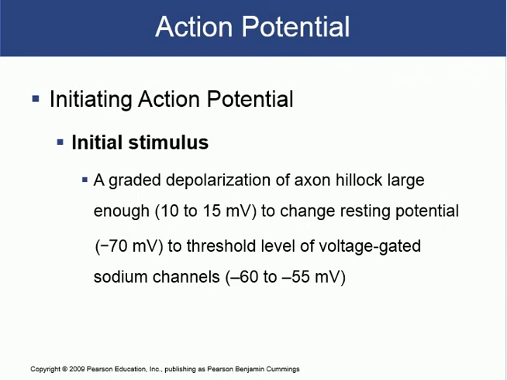Depending on the strength of the stimulus, the open channels can go from minus 70 to minus 65 maybe. That's nothing. But minus 60 or minus 55 is strong enough to open the active gated sodium channels. What happens when you open the active gate? It will be wide open and all the sodium rushes in. So it is moving from minus 70, stimulus comes, minus 65, minus 60 or 55, that's good enough.